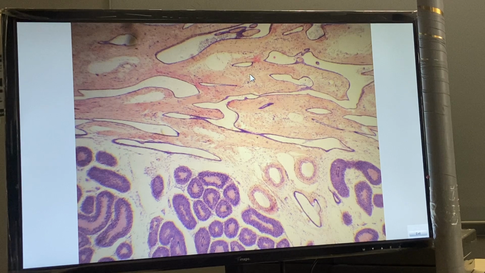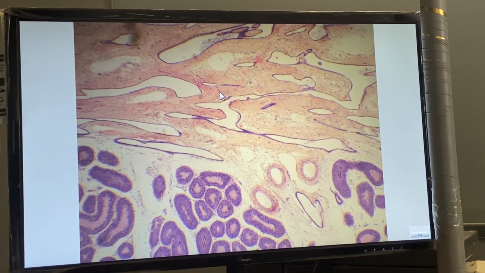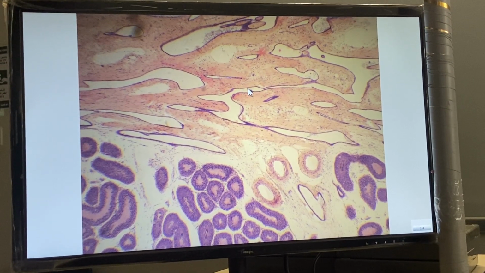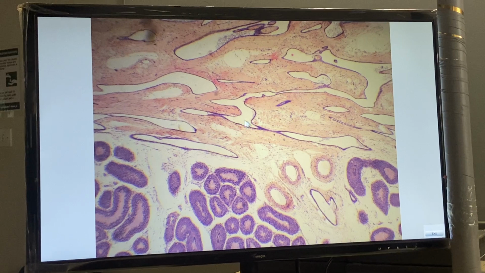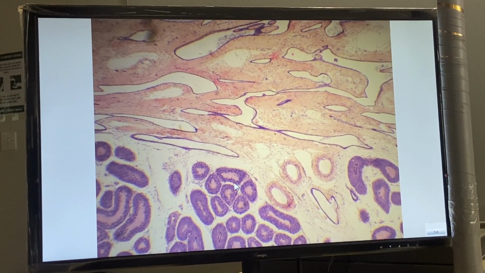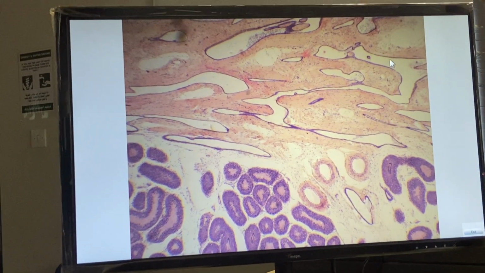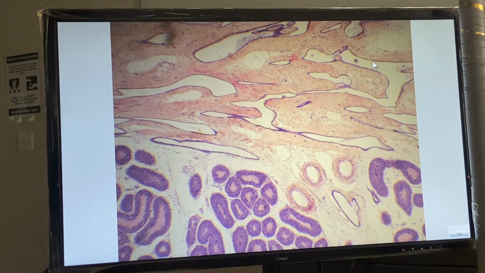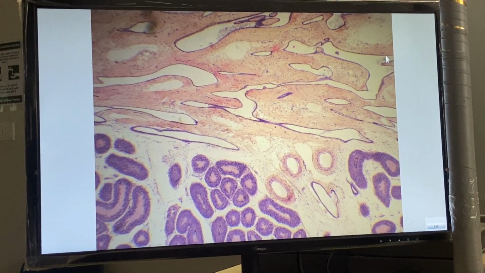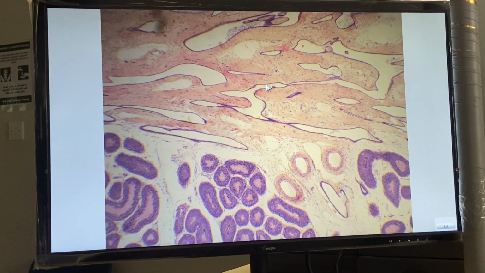Within this region, we can see straight tubules or straight segments that connect the seminiferous tubules to the rete testis. These epithelial lined channels lined with simple cuboidal epithelium to form the rete testis.